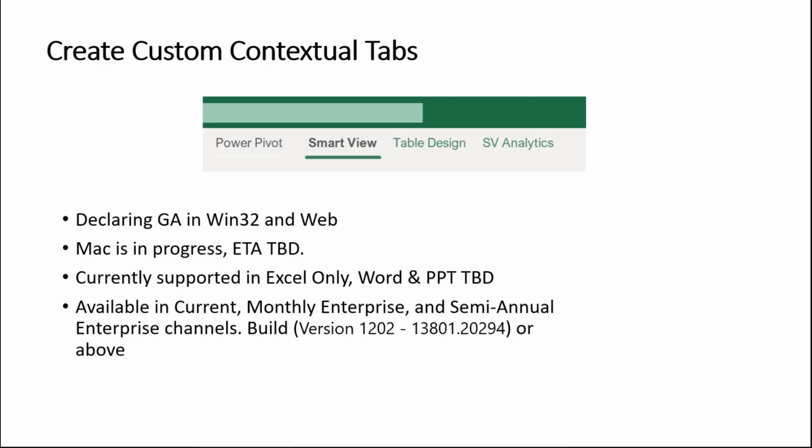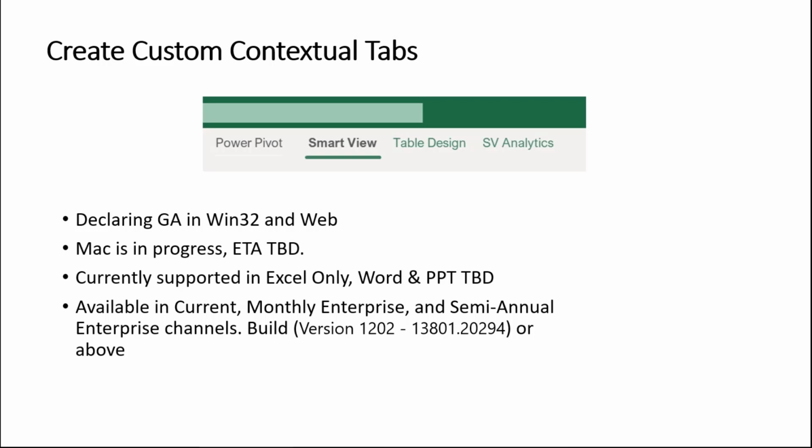Or you're in a PowerPoint slide deck and you click on a picture and the picture format contextual tab shows up, which has its own set of commands. So with this capability, now I'm happy to say that add-in developers can now show custom contextual tabs that are relevant to your add-in, and you can show a set of commands on that custom tab.